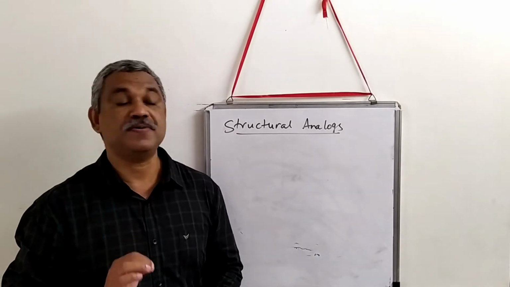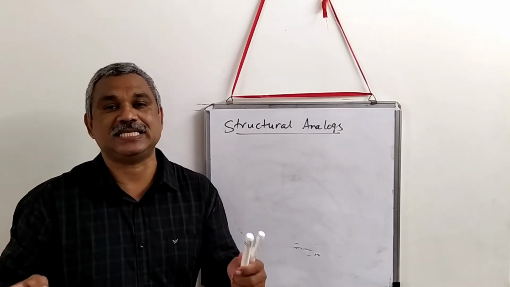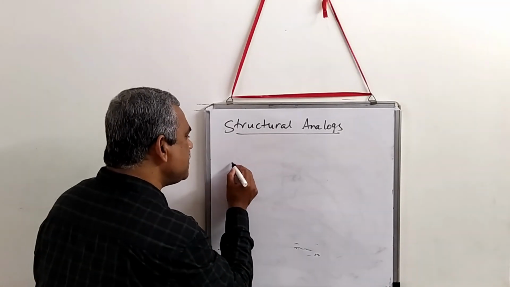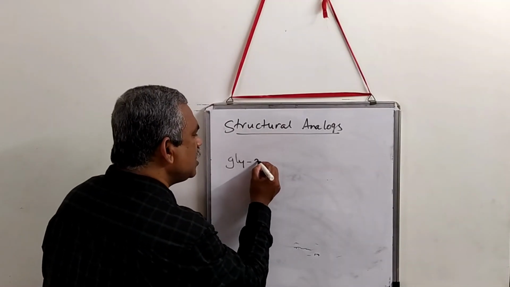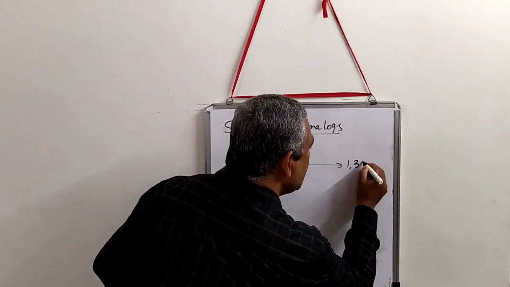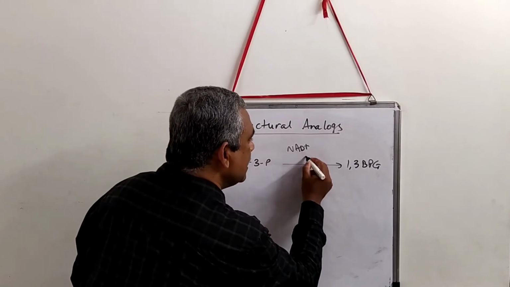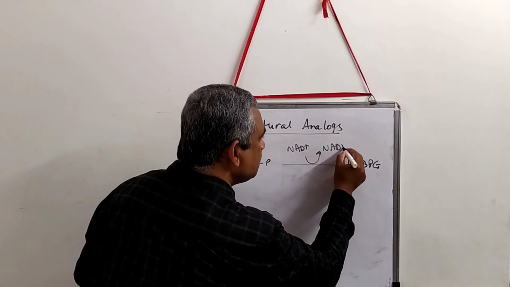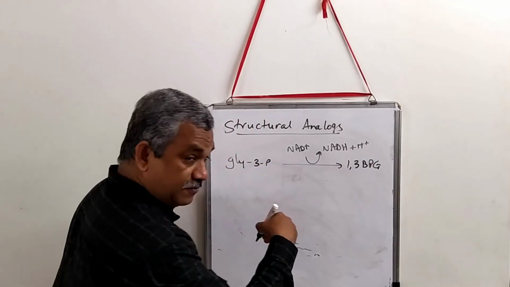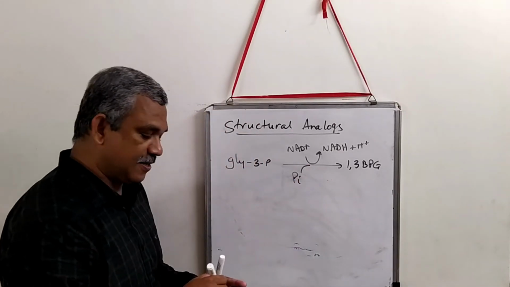A classic example is in glycolysis itself. In the sixth step of glycolysis, glyceraldehyde 3-phosphate is converted to 1,3-bisphosphoglycerate. NADH plus H plus is produced in this step, and subsequently an ATP is produced, with inorganic phosphate added.